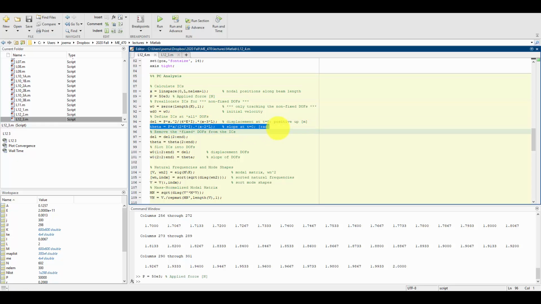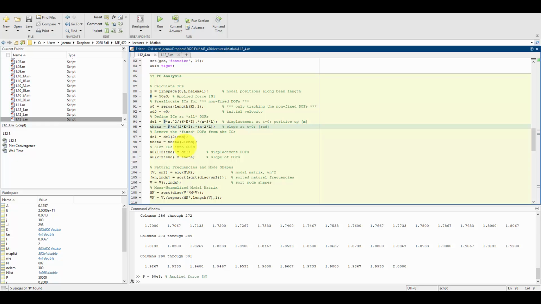And then theta, the initial slope of every node, that's using the x derivative of my displacement from the beam equation. So that's what I had from that picture when I was doing that handwork. So this is the initial angle at time equals 0. These are both being caused by that static load at the end of 50 kilonewtons being applied. So when I start the timer, this is my initial position and initial angle of every node.